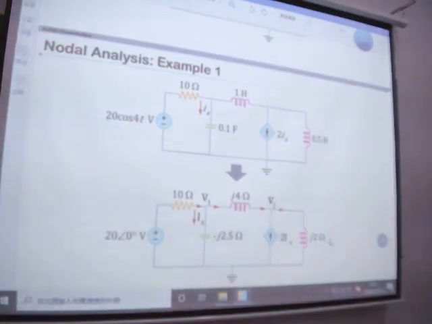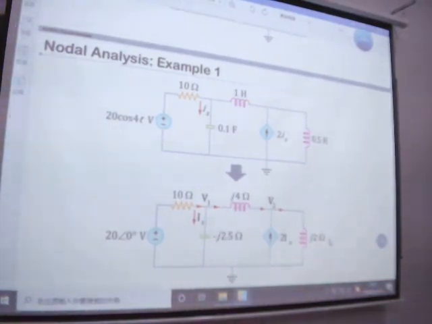It's 20 angle 0, right? So the value should be 20 angle 0 minus V1.